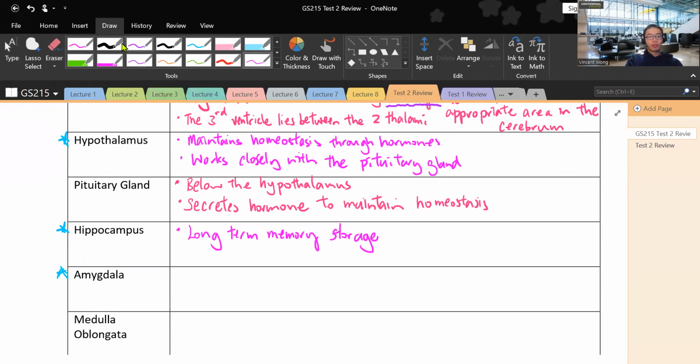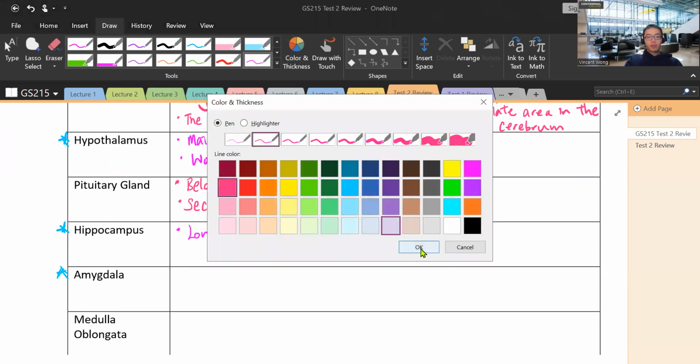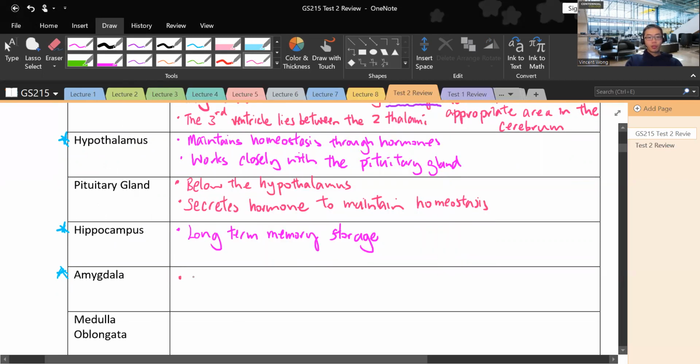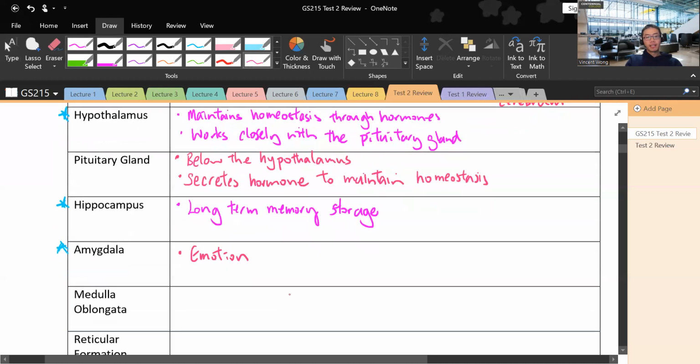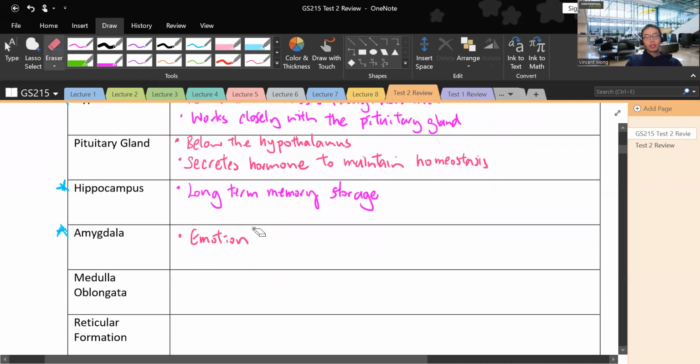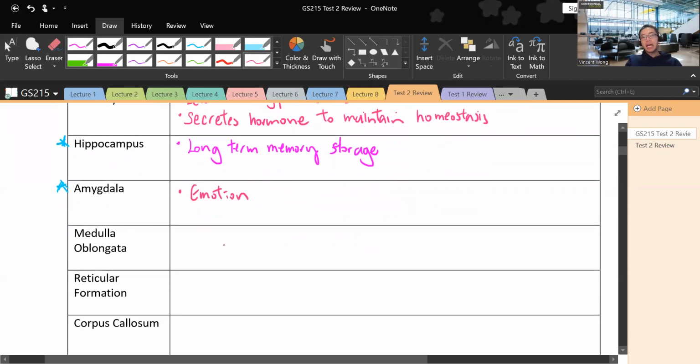That's right, emotion. It allows you to feel and express different emotions. Things that are emotionally charged are more likely to be remembered in the hippocampus. Things that are mundane, boring, or have no significance tend to be screened out. That's right, long-term memory.